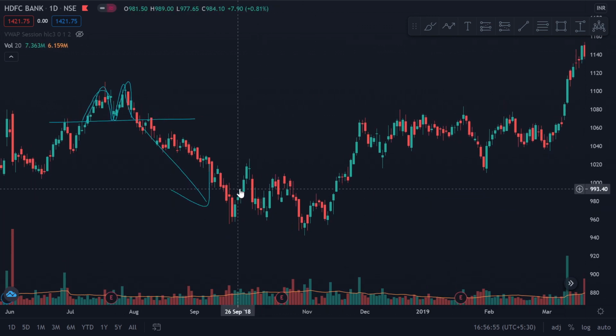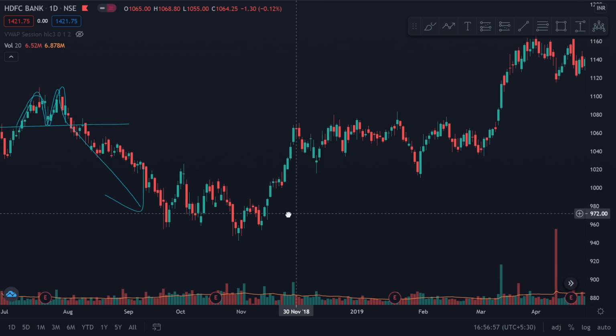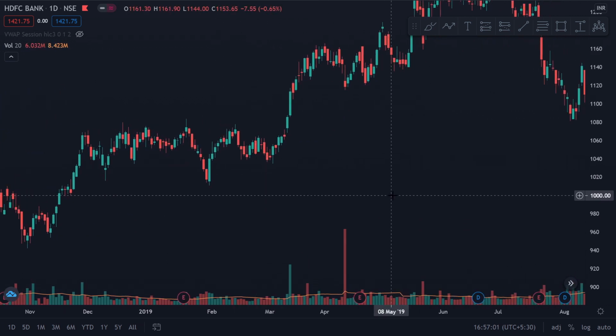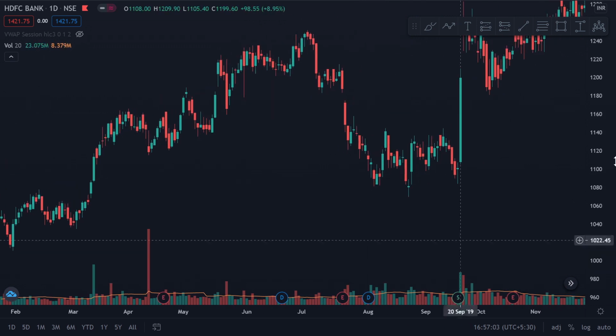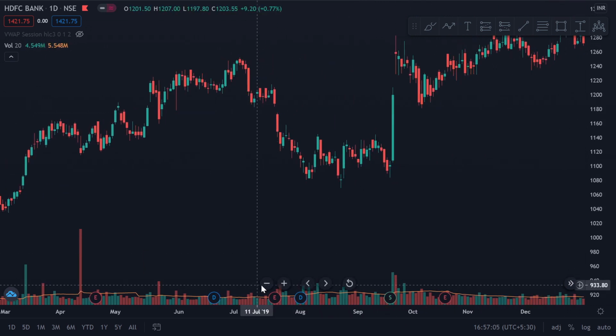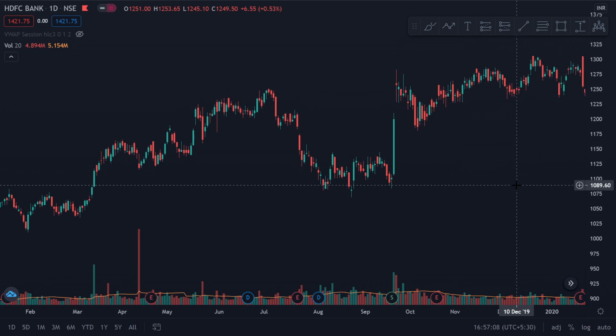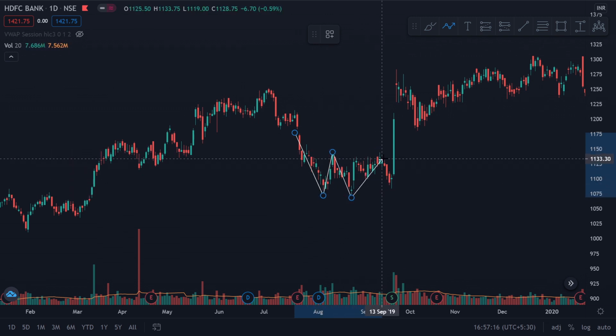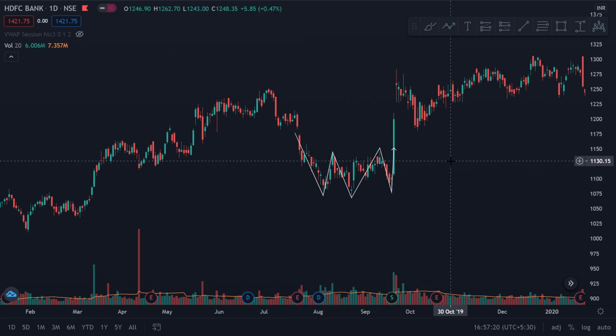And if we go even further, now here we can see a triple bottomish formation. So price has come down again to almost the same level, and then it broke out on the upside.